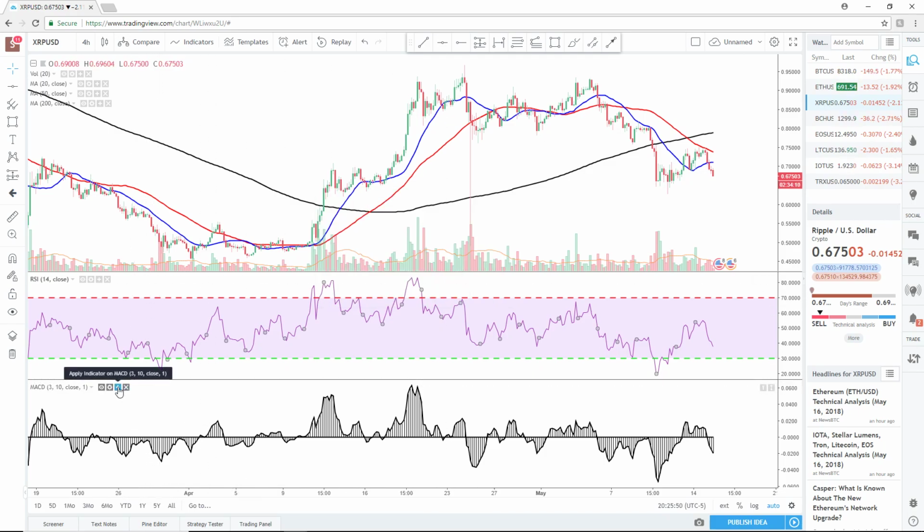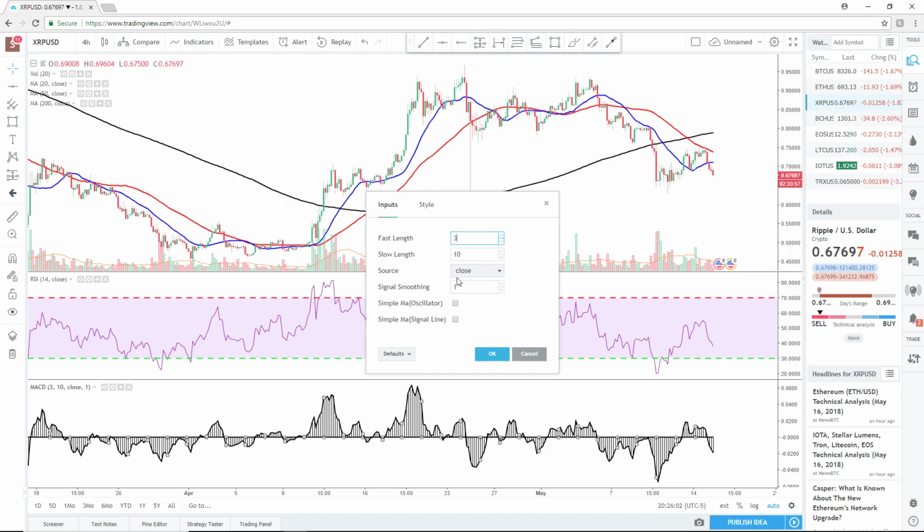Now, you guys might be a little confused as to why it looks like this. Well, that's because I customized my MACD. It's not the standard MACD, the 12, 26, 9, I believe, the regular settings. But as you can see, I have mine changed to different settings: 3, 10, and 1.